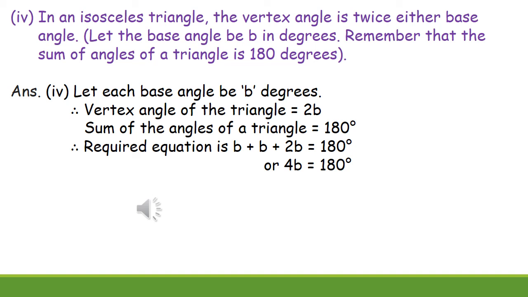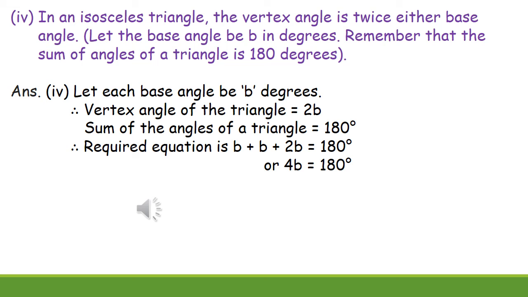Part 4. In an isosceles triangle, the vertex angle is twice either base angle. So we are considering the base angle to be b degrees. The vertex angle of the triangle will be twice b. Sum of the angles of a triangle is equal to 180.